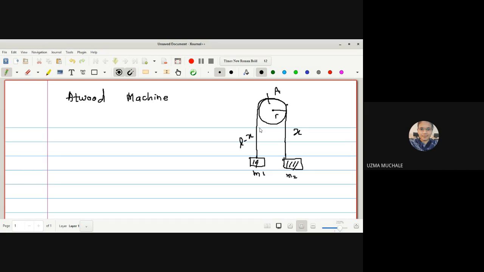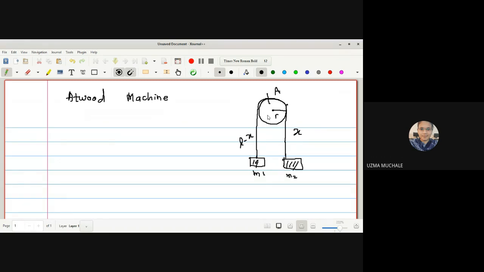The length of the string between the two masses M1 and M2 is L. If the distance of mass M1 from the pulley is L minus x, then x is the distance of mass M2. A is one point that we have just defined so that we can find the distances of masses M1 and M2. If you know x, you can find L minus x, because L is a fixed length between M1 and M2.